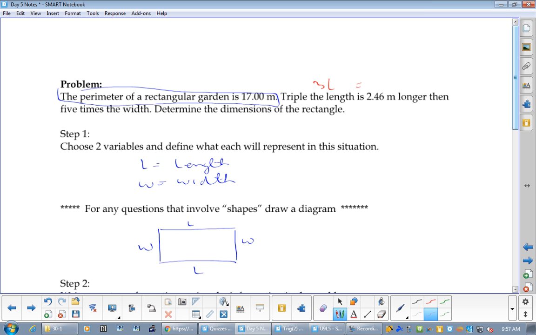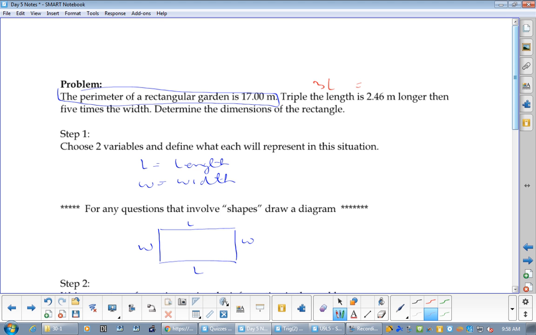So what if it just said the length is 2.4 meters longer than the width? Well, that's why we're going through it, okay? Those comments don't help. So the length is 2.46 longer than 5 times the width.